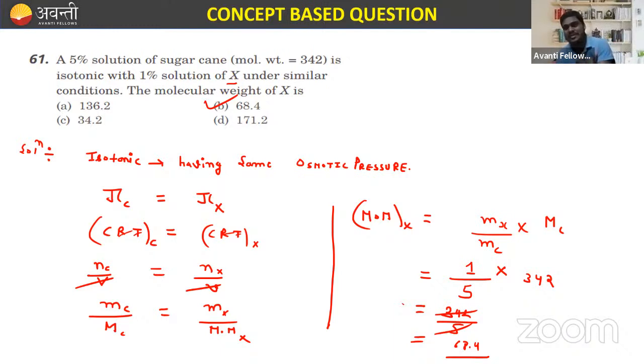Also, what is mass percentage? Only through mass percentage do we know 5% means 5 gram out of 100 gram of the solvent, and 1% means 1 gram out of 100 gram of the solvent. These small things are very important. If they are not cleared, you will face difficulties in solving questions.